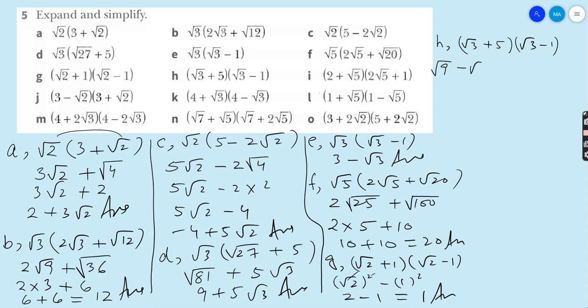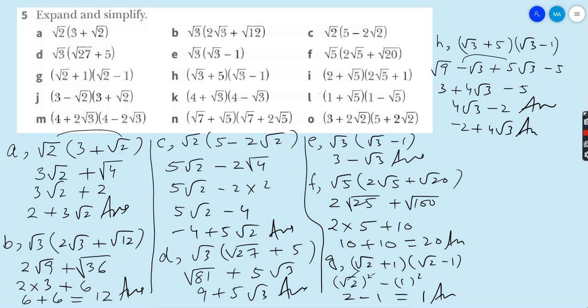Root 3 into 1 is minus root 3, and 5 into root 3 is 5 root 3. 5 ones are 5. Root 9 is 3. This is 5 root 3, this is 1 root 3, so it will be 4 root 3, and 3 minus 5 is minus 2. So 4 root 3 minus 2 is the answer, or you can write minus 2 plus 4 root 3.